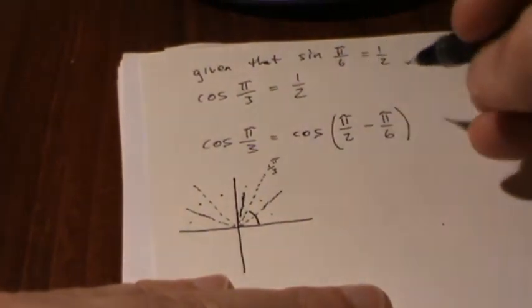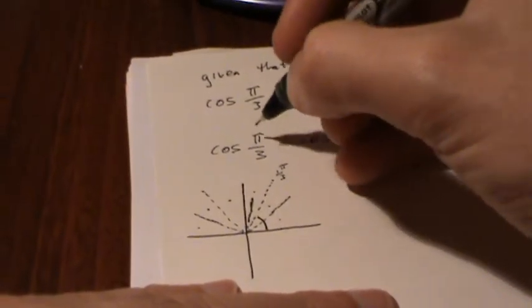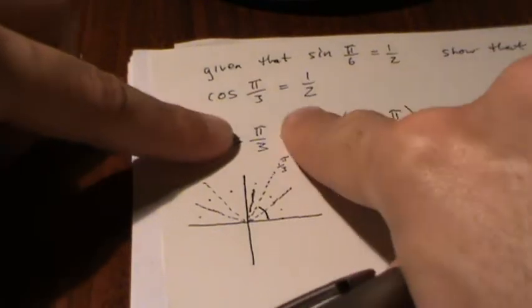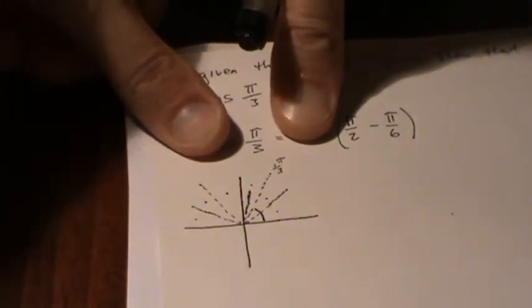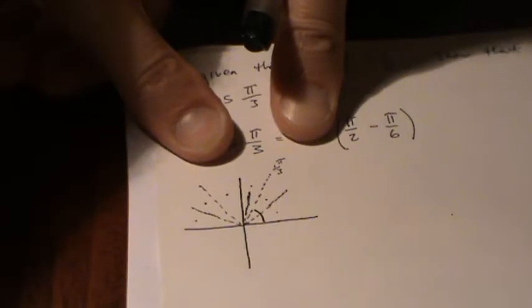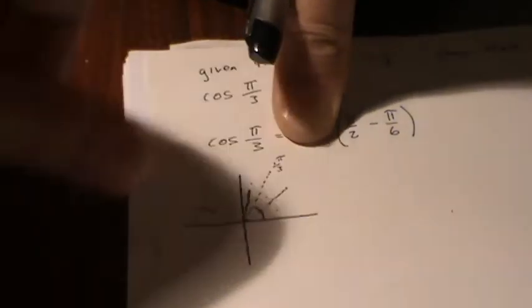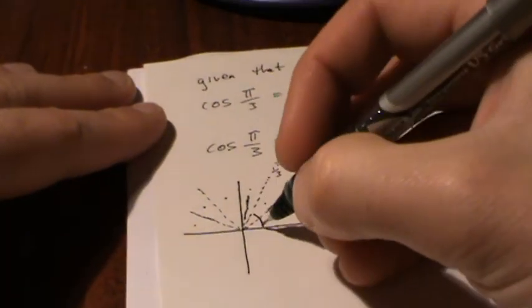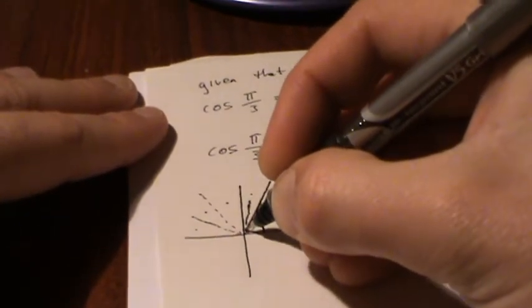Basically, all I'm saying is that if I cover up the cosine, pi over 3 is equivalent to pi over 2 minus pi over 6. And if I think about that, this is pi over 3 right here.